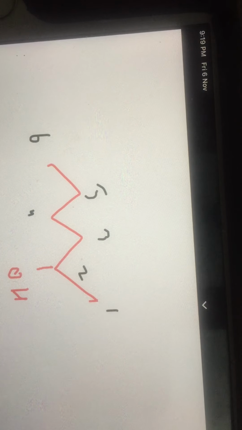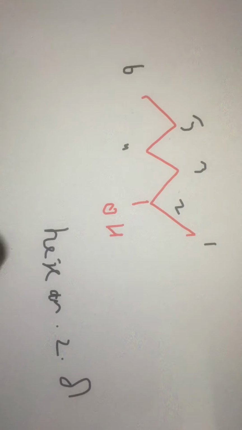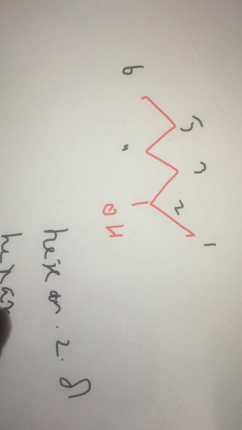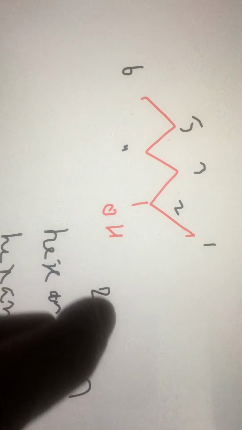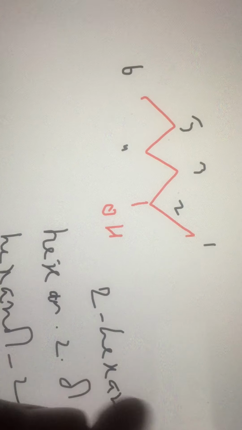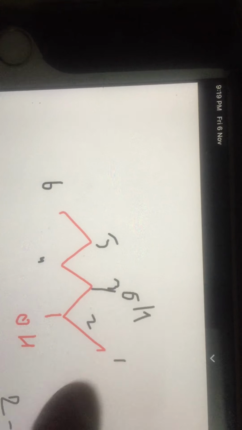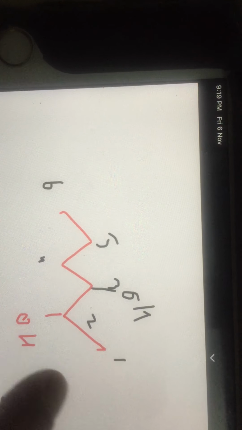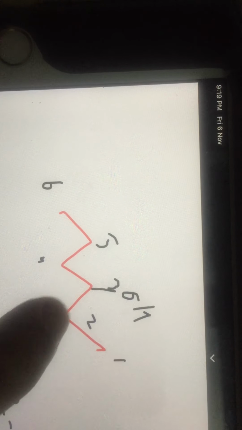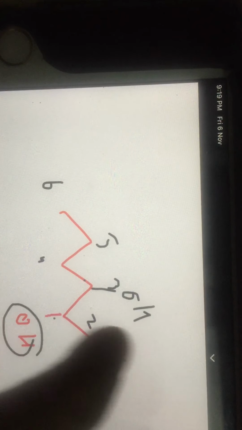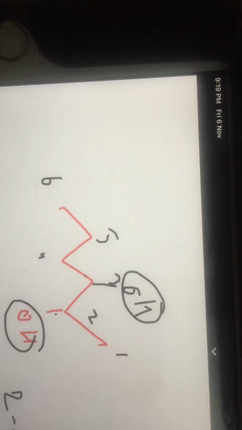So it is hex-2-ol: hexan-2-ol, or hexanol-2, or 2-hexanol. Suppose the same compound has two OH groups, then I call it hexan-2,3-diol. Can you see that?